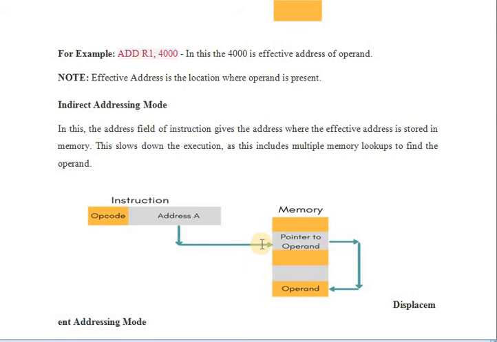Some address will be there, for example 4200. This memory location contains the address of the operand, here 4000. So this address will contain the address of this part.